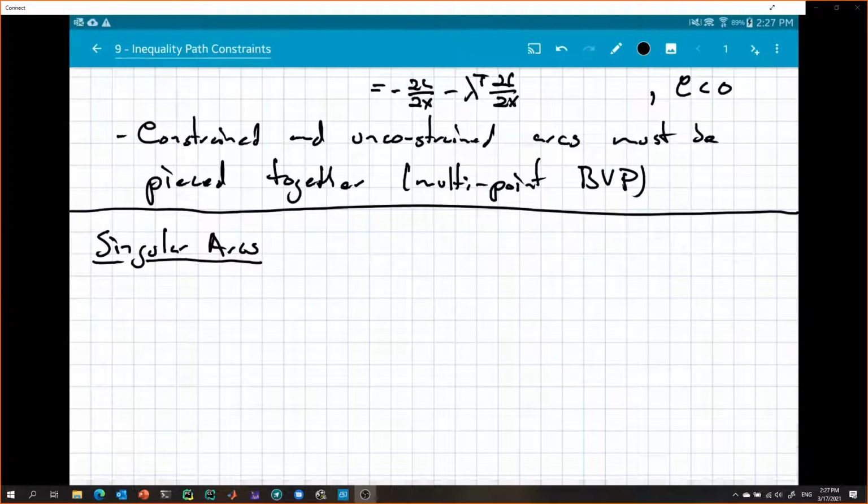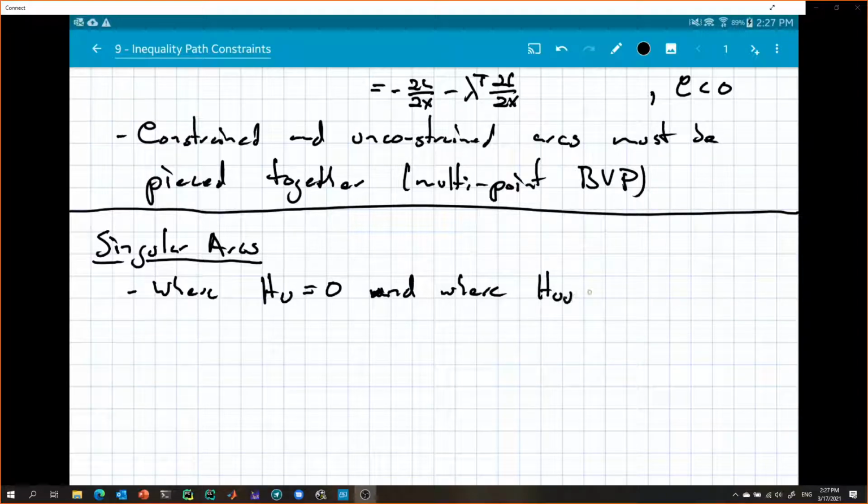What these singular arcs are is areas where the partial derivative of the Hamiltonian with respect to u is 0, and where the second derivative of that is singular.